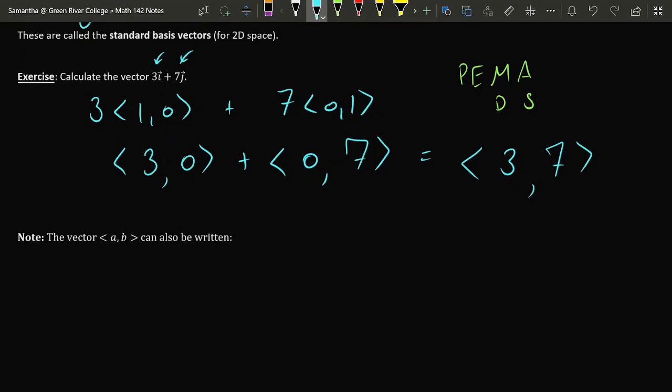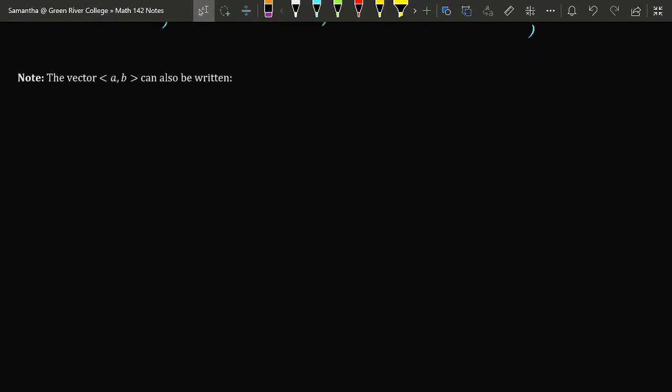So the standard basis vectors give us a way to express vectors symbolically without having to use the angle brackets. Instead of having a comma b in angle brackets, we can write the scalar a multiplied by the standard basis vector i plus the scalar b multiplied by the standard basis vector j.